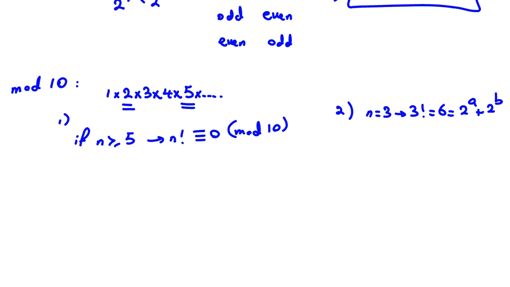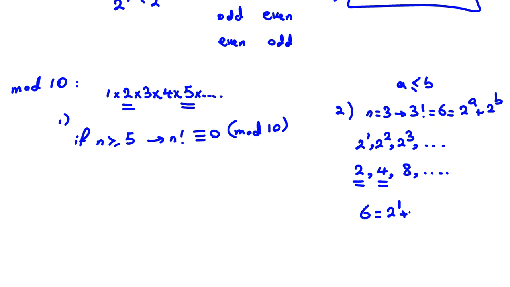Writing powers of 2: 2, 4, 8, and so on, the only possible is 2 plus 4. So 6 is 2 to the 1 plus 2 squared. So a is 1, b is 2, and n is 3. So our first answer is this.